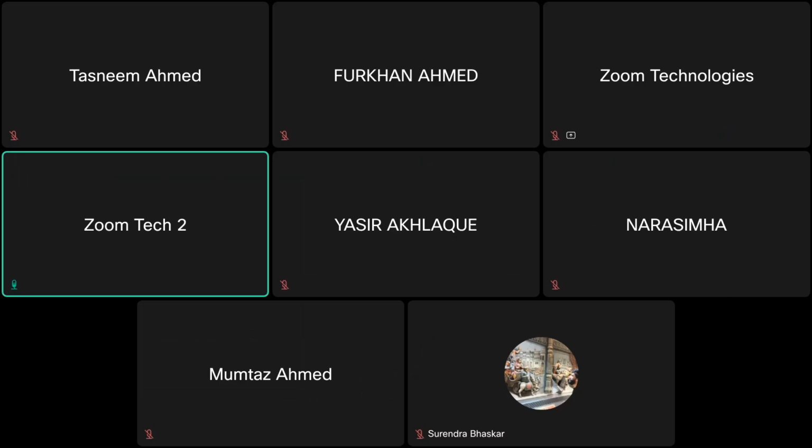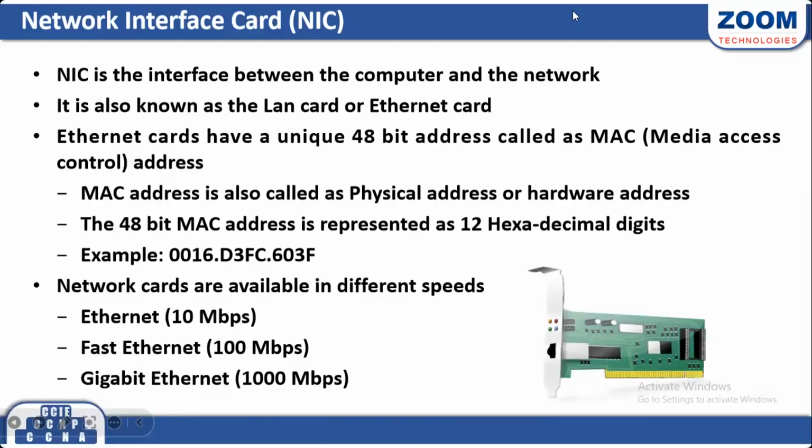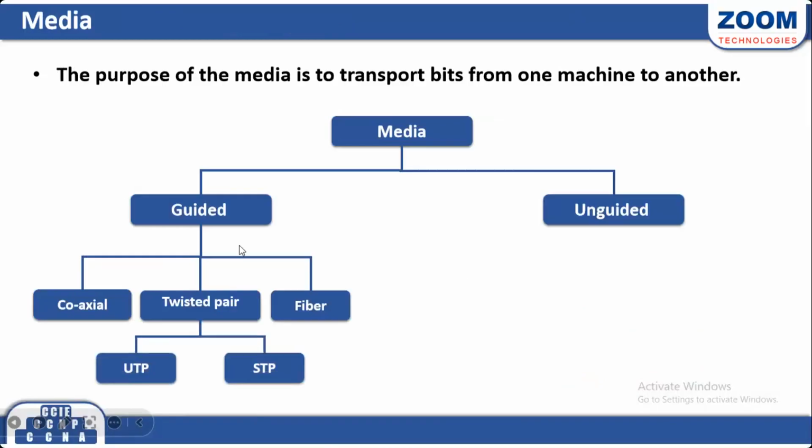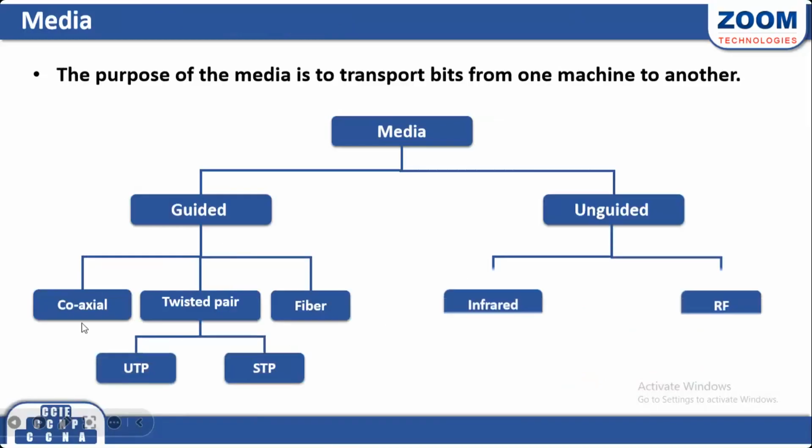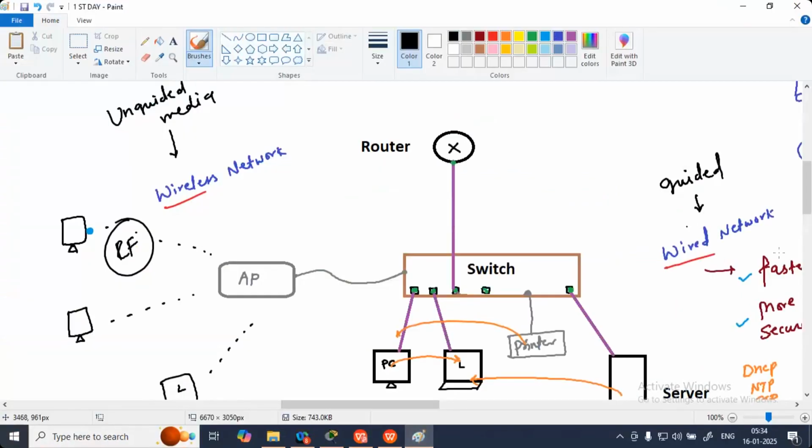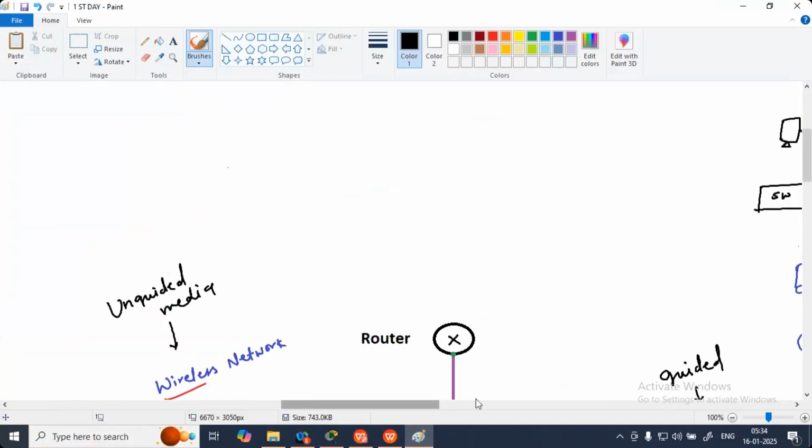Then after this NIC card, we will discuss cables, because in media you can see there are two types: guided with wired. So we can use coaxial cable, twisted pair cable, optical fiber cable, UTP, STP, this type. And by using twisted pair cable, we can make straight through and crossover cables.